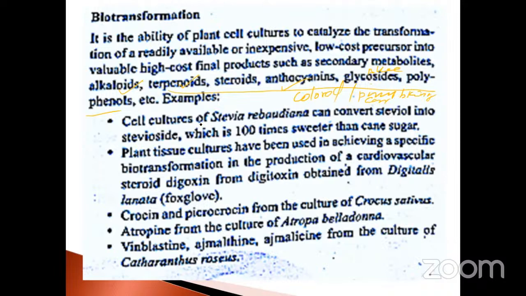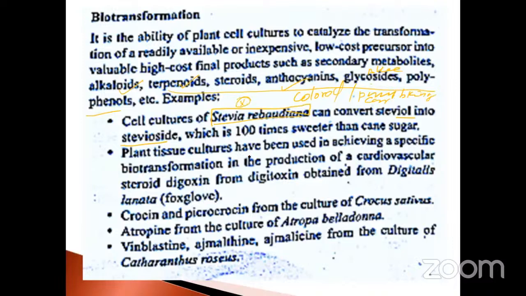See here, the cell culture of Stevia rebaudiana. Stevia rebaudiana can convert steviol into stevioside, alcohol into aldehyde form, which is 100 times sweeter than cane sugar. Take an example, this is one of the plants, very, very important.